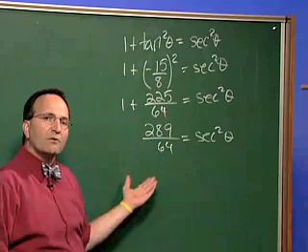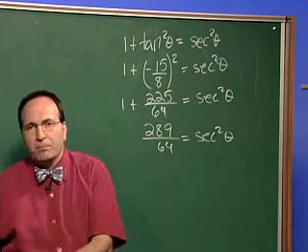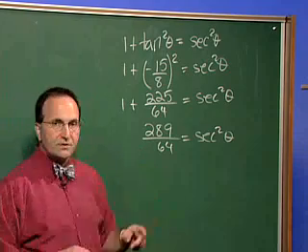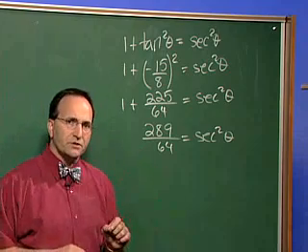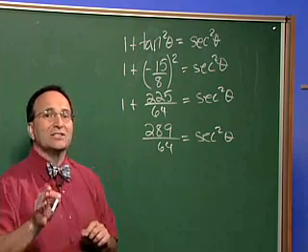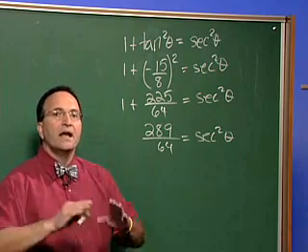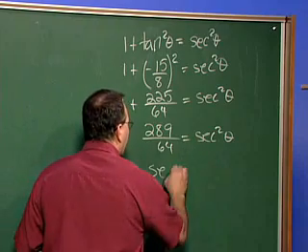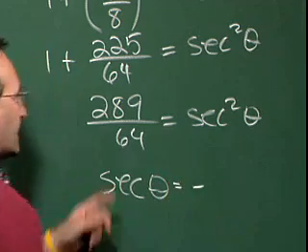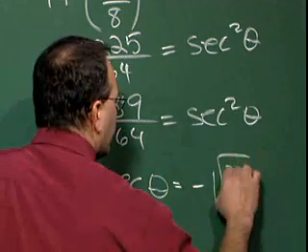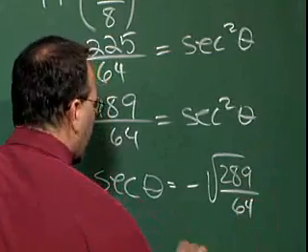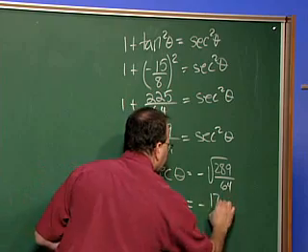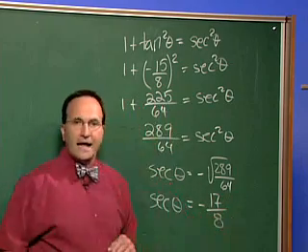Now, when we take the square root of each side, of course, we have the plus or minus square roots, except remember that we've already determined that this angle is in quadrant 2, and therefore sine and cosecant are positive. Everything else is negative, including secant. So secant theta will equal negative the square root of 289 over 64, which is then secant theta equals -17 over 8.